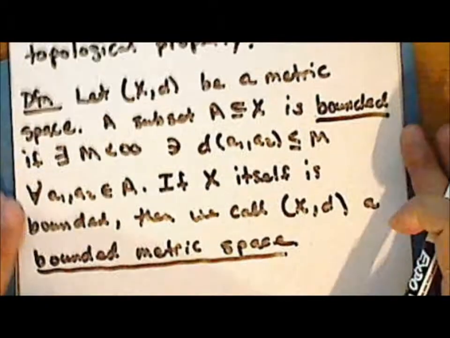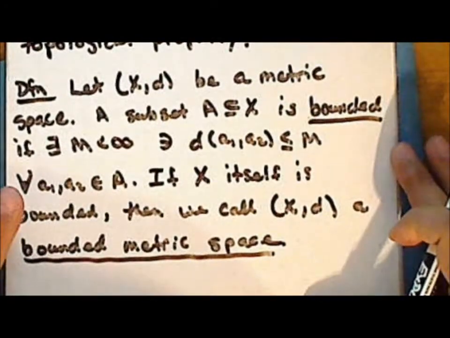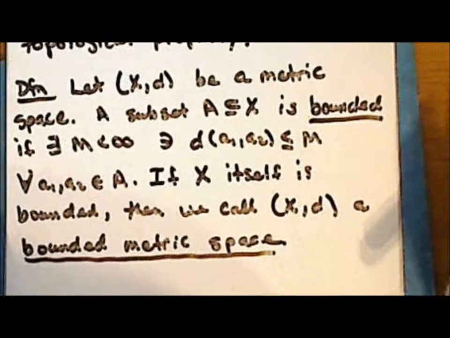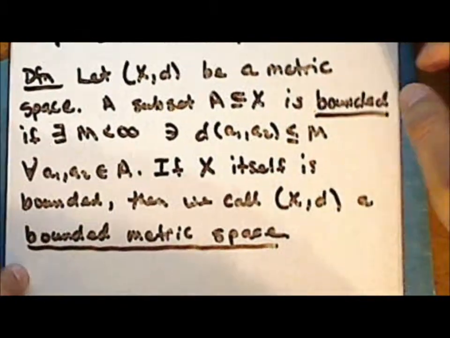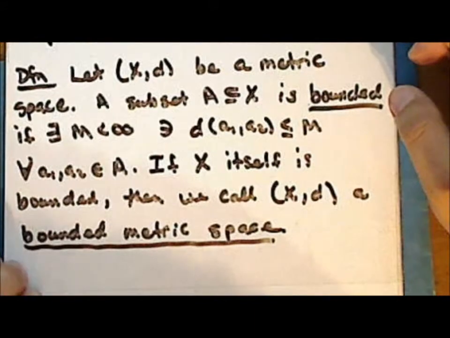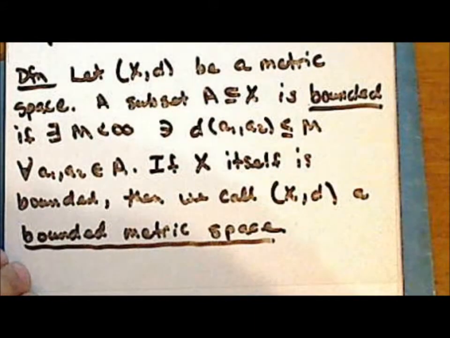So notice that boundedness is not a topological property because it does depend specifically on the metric that is used on the underlying set X.